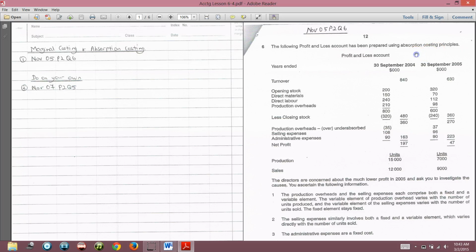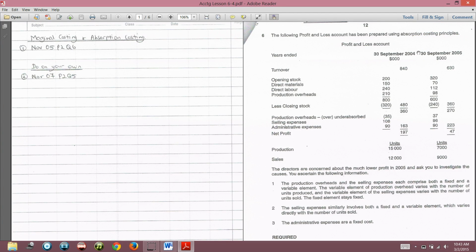Okay, in lesson 6 part 1, I have explained to you that we will find out the overhead absorption rate, and then on a regular basis, probably every month when we do our profit and loss account, we will estimate the production overheads, this one is production overhead, by taking the overhead absorption rate times the, for example, the actual machine hours, if it's absorbed on the basis of machine hours.